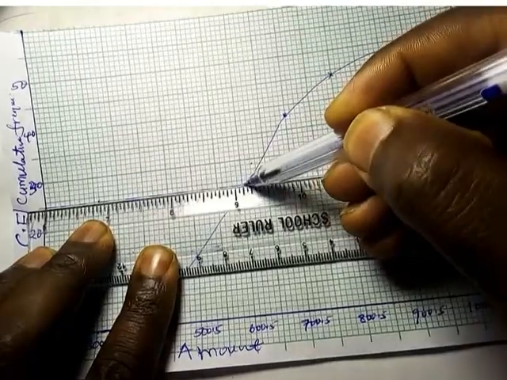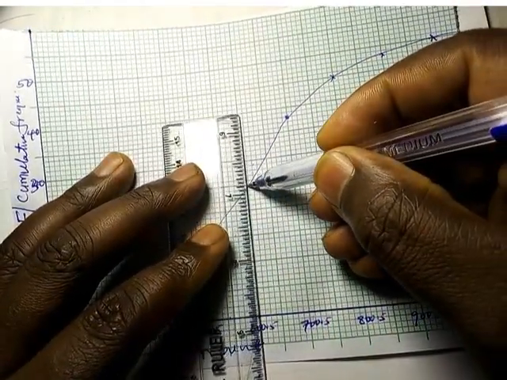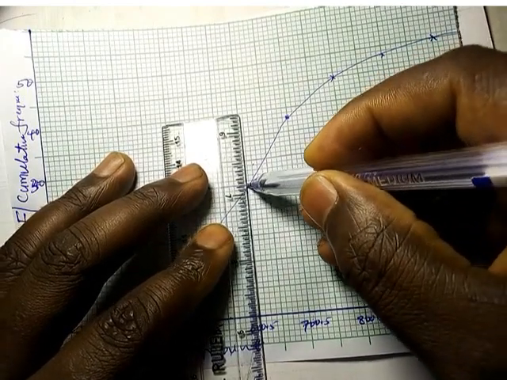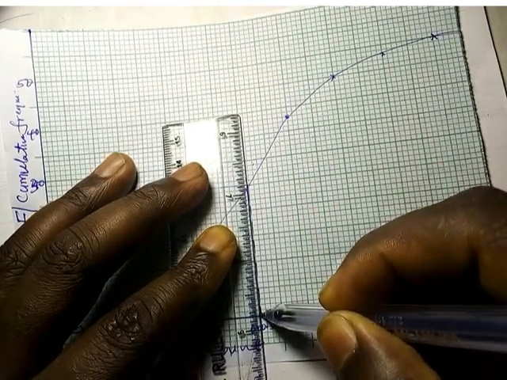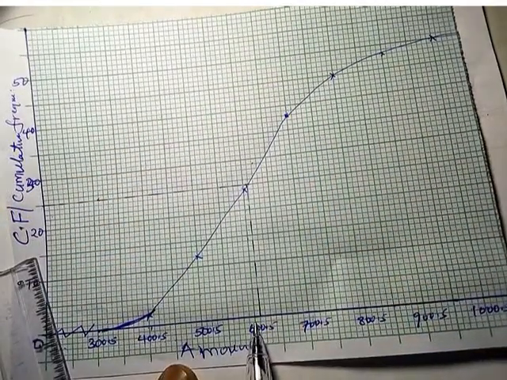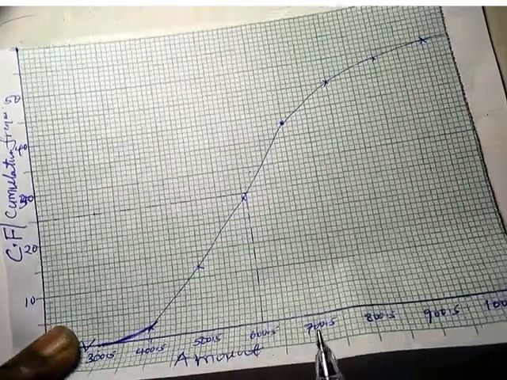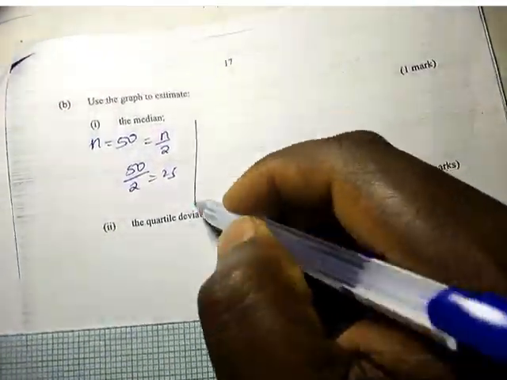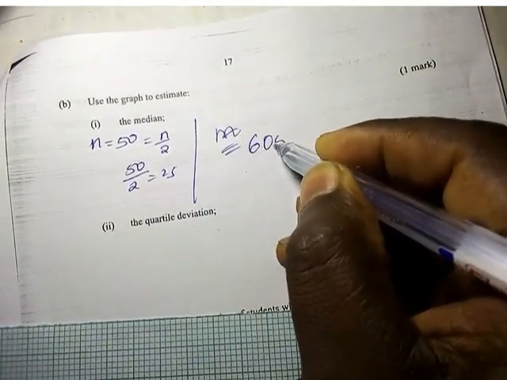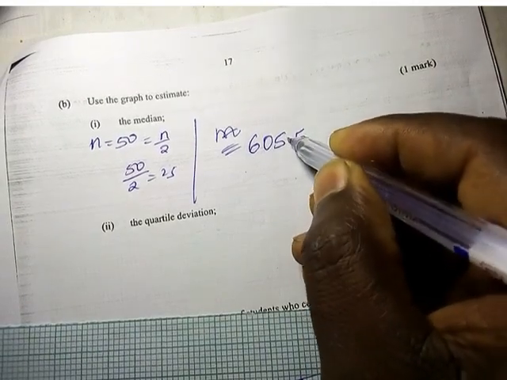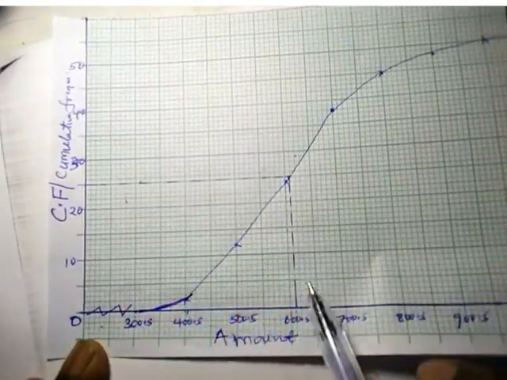This one now shows that you used your graph, and then from here you draw downwards. You can clearly see that this one is 605. So the median is 605.5. So using the graph, you must draw like this for you to score.